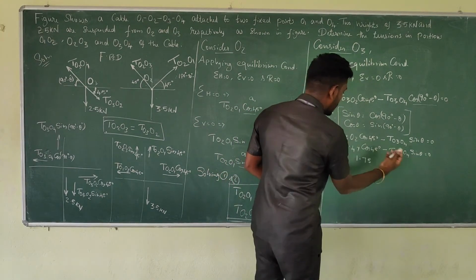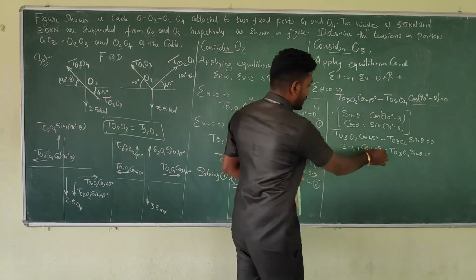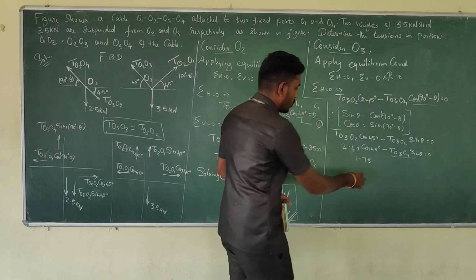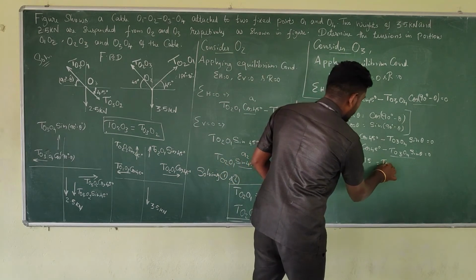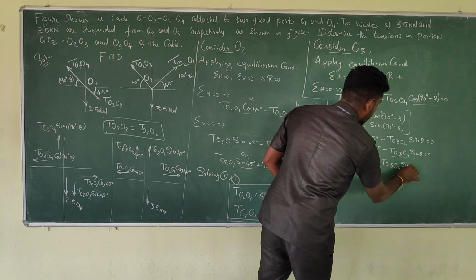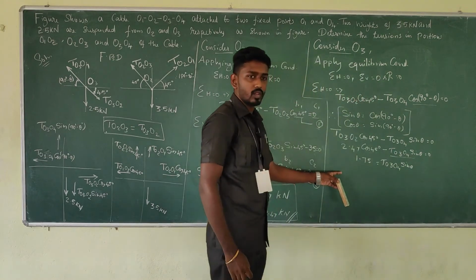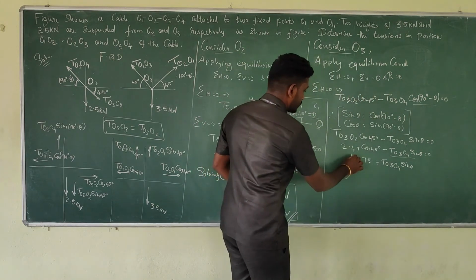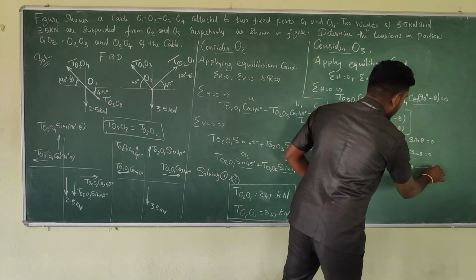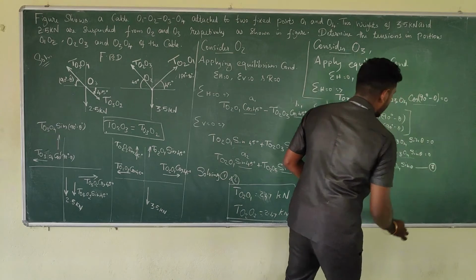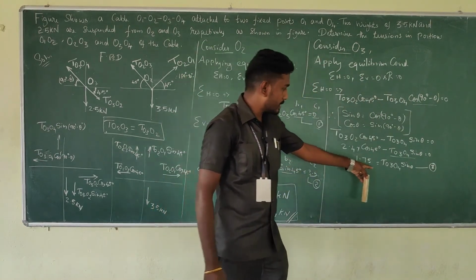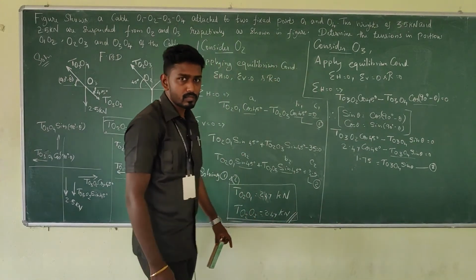So if you take these terms to the other side, what comes? T O3 O4 sine theta. So this is equation number 3. Since we cannot simplify it again, I'm going to take this as equation number 3.